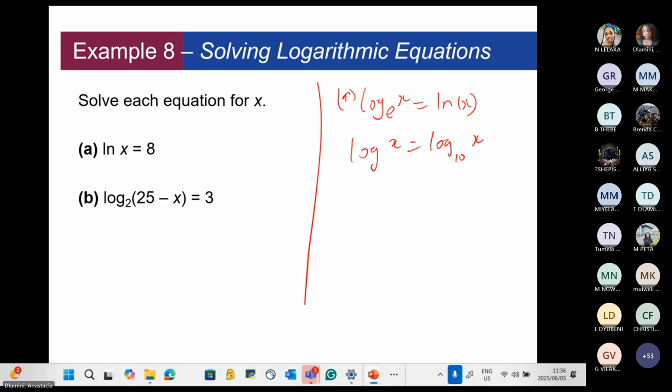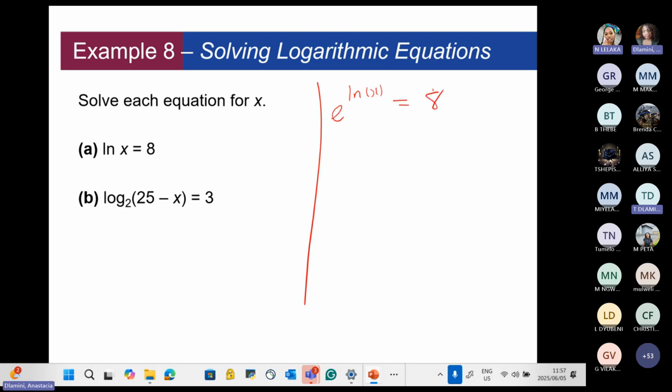Yes, ma'am. So let's solve A, and I gave you the answer in the above equation. I told you to use it somewhere. Let's use it. e to the power of ln of x is equal to e to the power of 8.